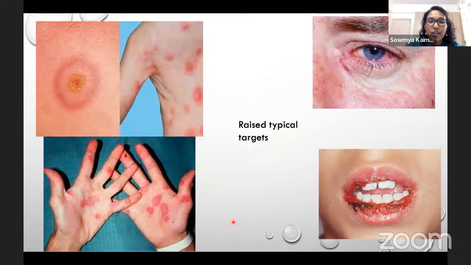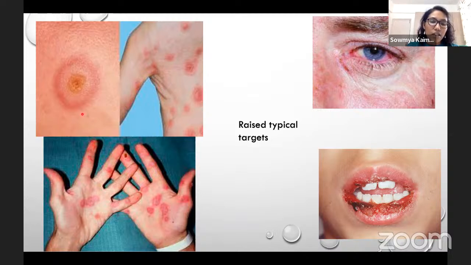Now, a little bit about EMF. You need to understand the primary lesion that occurs in EMF to be able to identify the lesions that occur in SJS-TEN. So this is your typical lesion in EMF. This is what is known as a raised or a typical target, otherwise known as a bullseye lesion or an iris lesion.